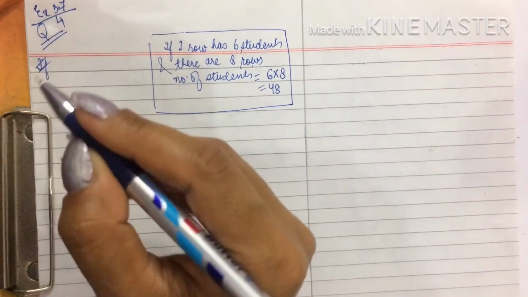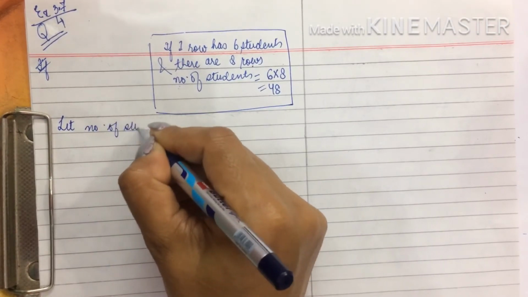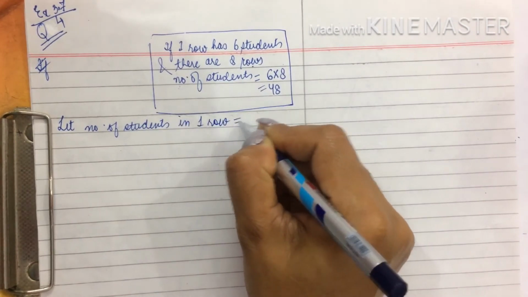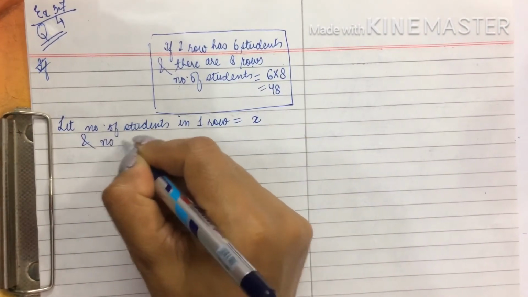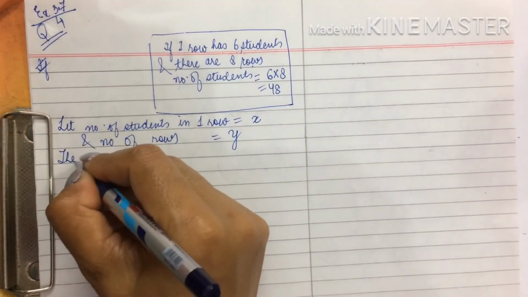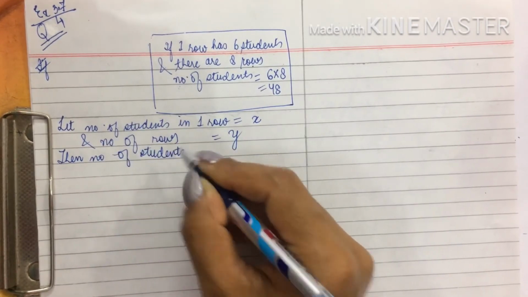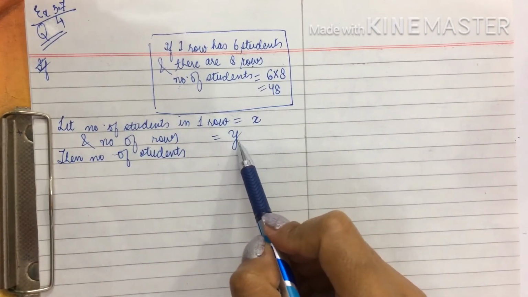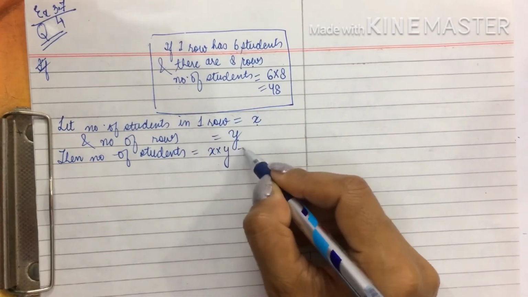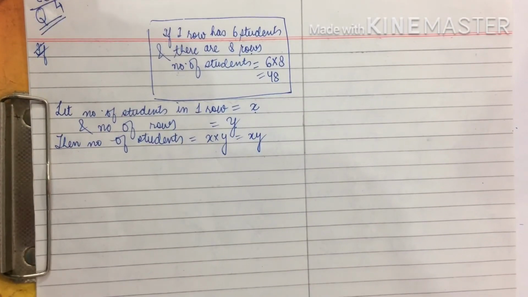Let the number of students in one row be x and the number of rows equal y. Then the number of students standing in this arrangement with y lines and x students in every line is given by the product of these two, which is xy. So there are a total of xy students in the class.